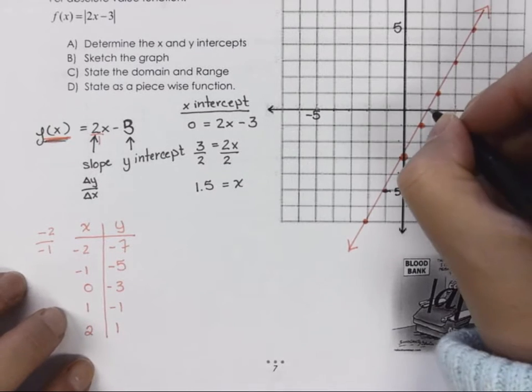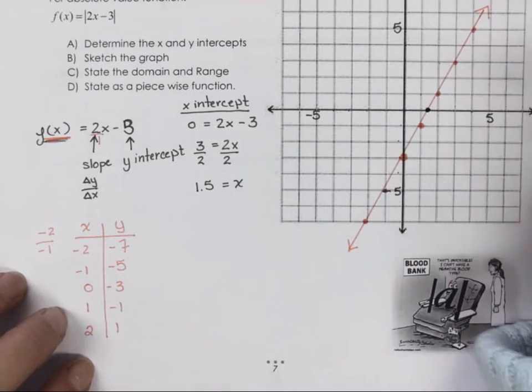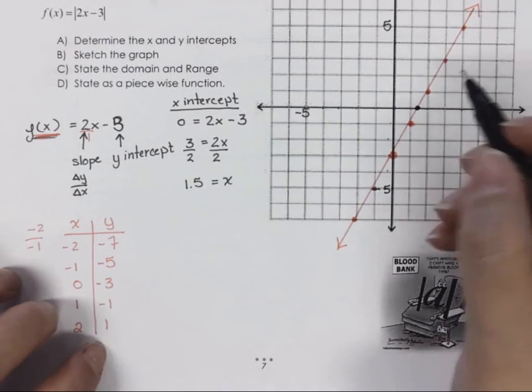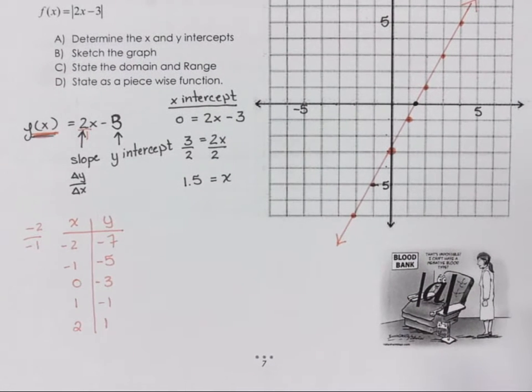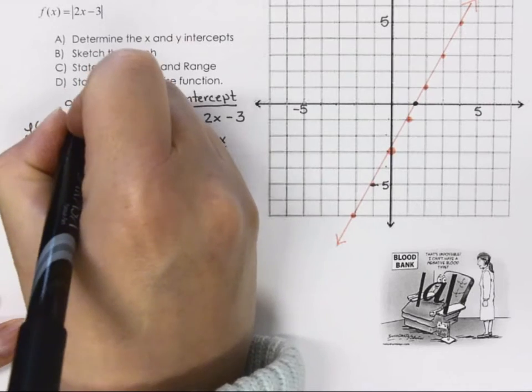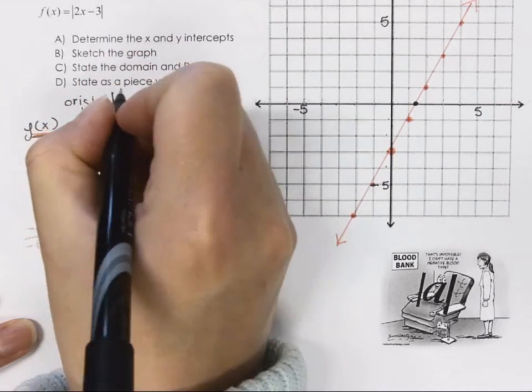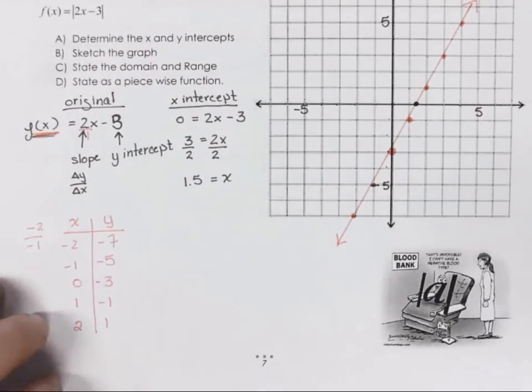So we know that this graph crosses ish. That's a little less than 1.5. This is why I never trust a graph, because I'm a bad drawer and that's not exactly 1.5. But we know our x-intercept is 1.5 because I've calculated it. And my drawing is just terrible. Okay, so we've done that and I'm calling this the original function. Because it has no absolute value brackets around it.